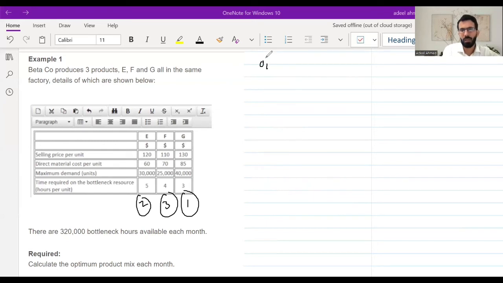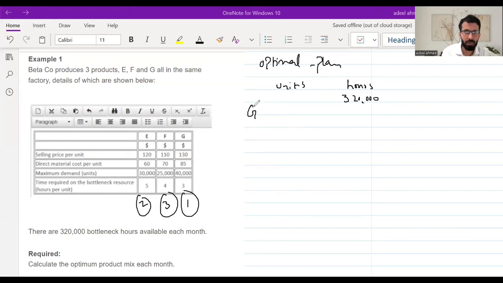Now, referring to our optimal production plan, what do we have in the optimal production plan? First of all, we need to make product G. So let's see how many units of this product G we could possibly produce within the available time. The total available time, as we discussed earlier, is 320,000 hours.